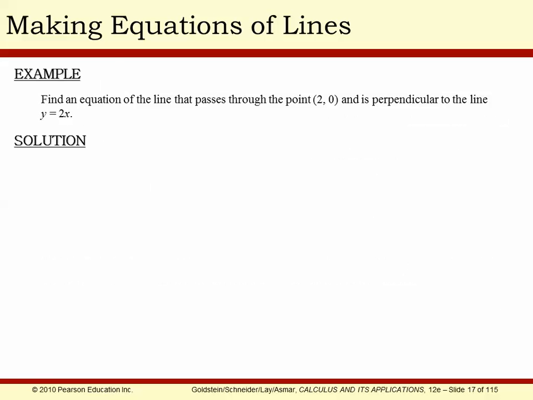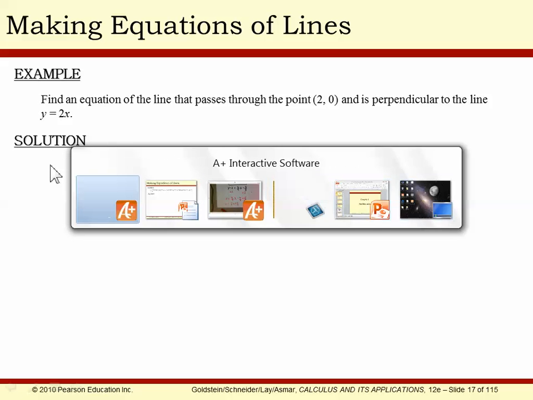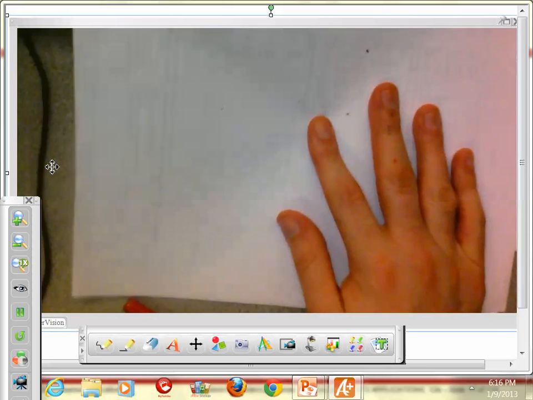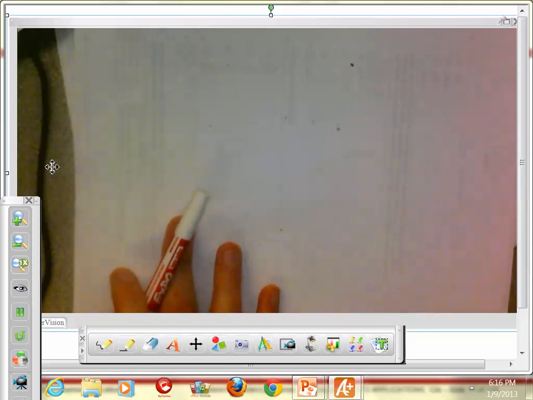If we take the slope of this line, which is 2, and multiply it by the slope of the line we're looking for, it's going to equal -1. Okay? So let's look over here. And we have the line y equals 2x.